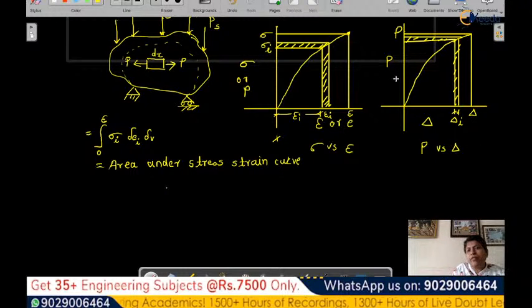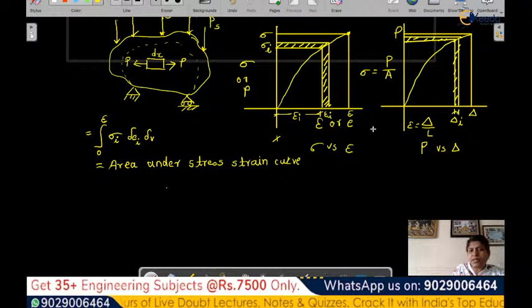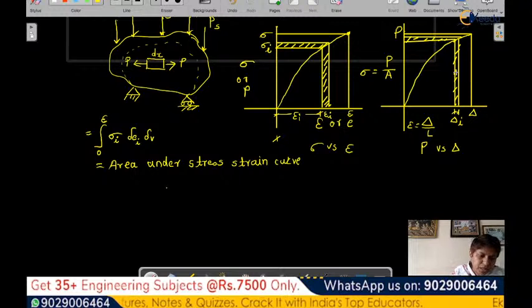When you divide load by area of cross section, that becomes stress, and strain is change in length by original length. So that is this curve, and this is the load versus deflection curve. Here the area under the stress strain curve times the volume is our strain energy stored in the element.